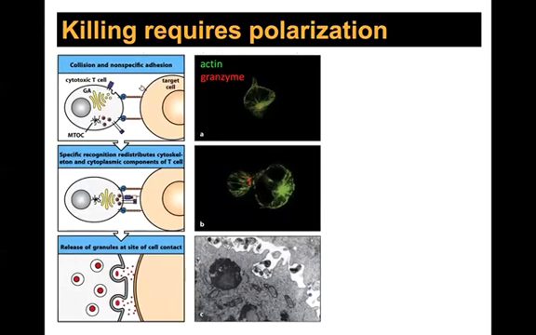Now this killing is a directed process, as I said. So the initial recognition, here's our CTL, our effector CD8 T cell, recognizes the target cell, and if there's TCR recognition, it reorganizes the microtubule organizing center, which tells the cell polarity, like how things should exit and enter.